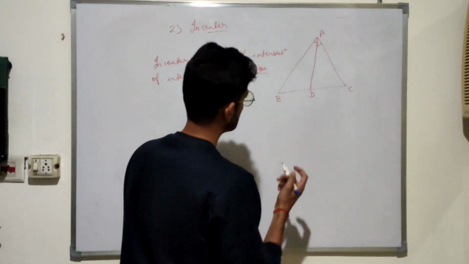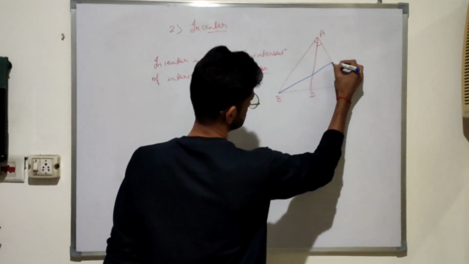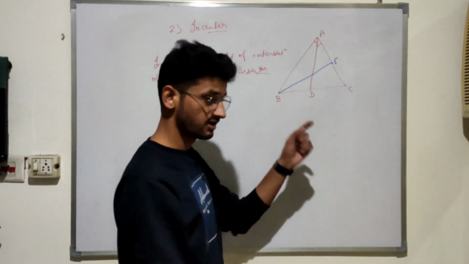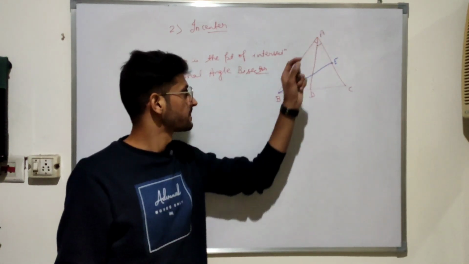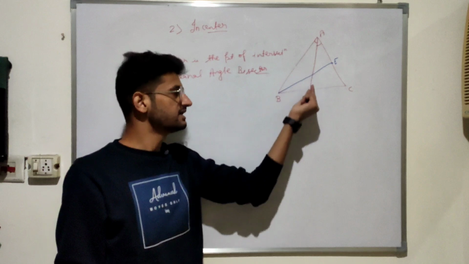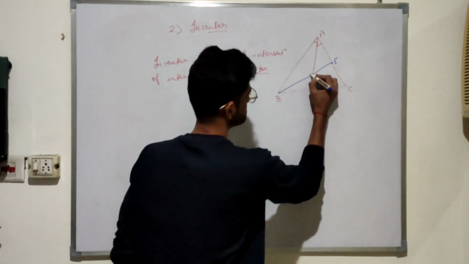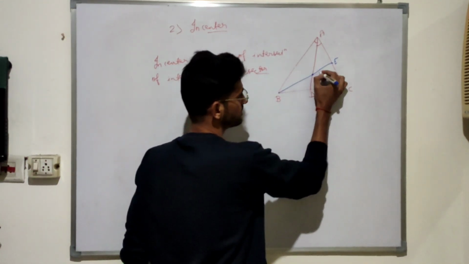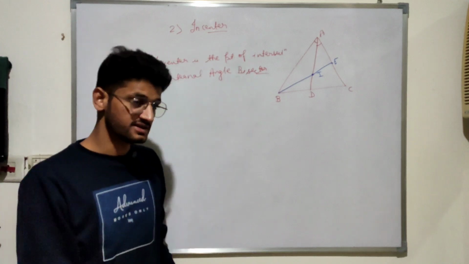Similarly, BE is going to be the internal angle bisector of angle CBA. So BE and AD are internal angle bisectors of this triangle ABC, which intersect at point I. Here I is the incenter.